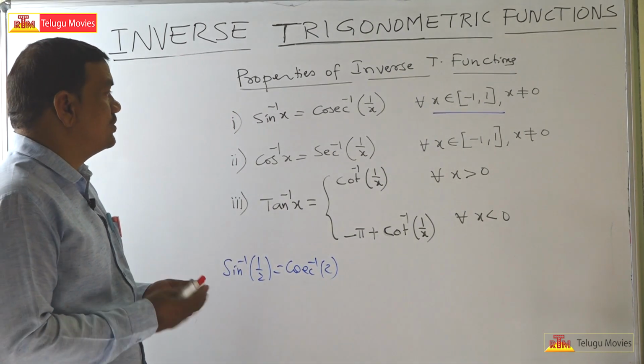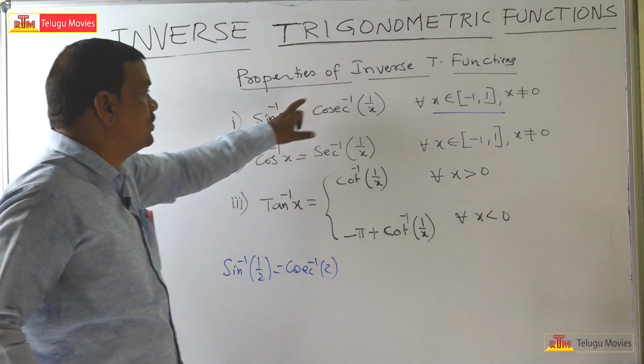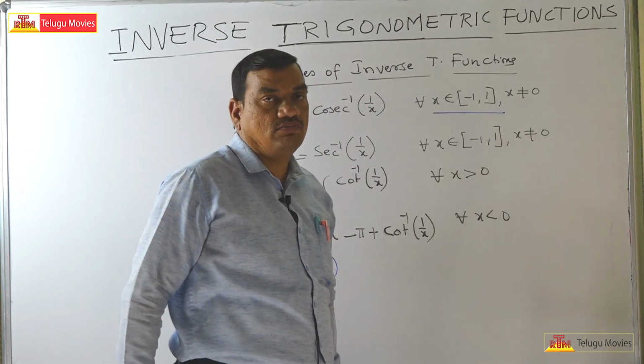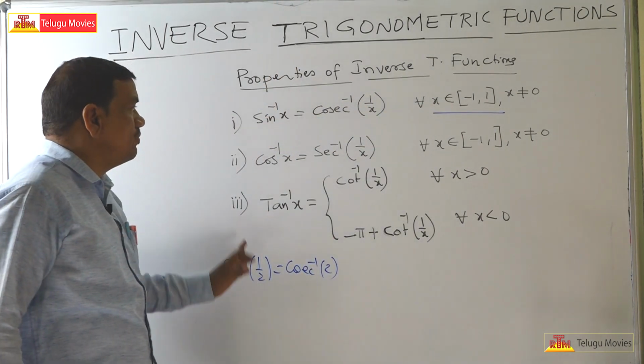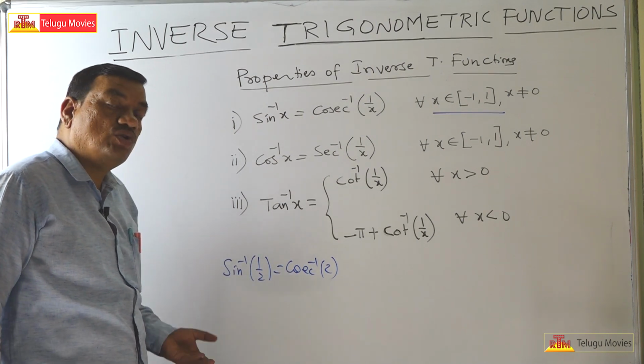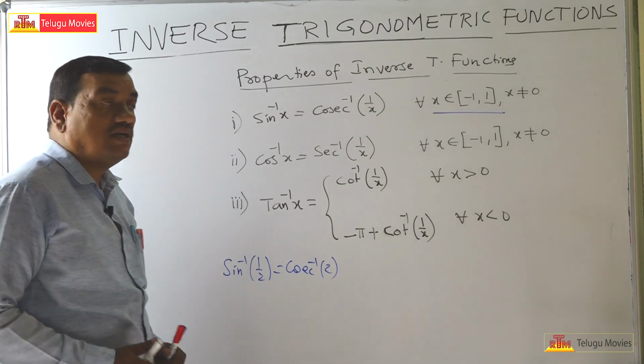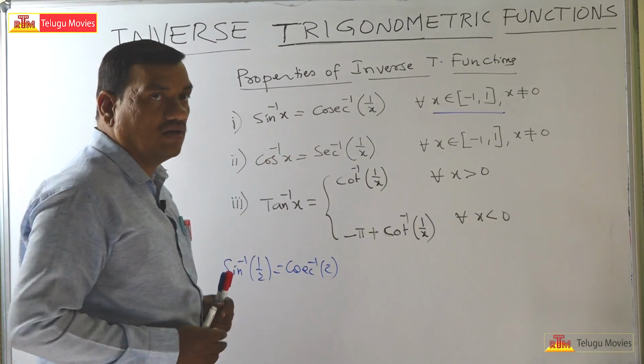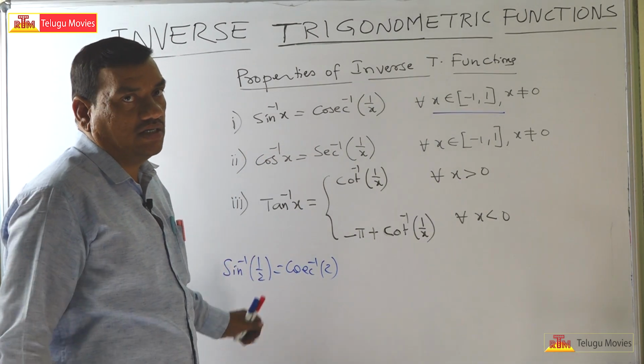Why? Because x belongs to -1 to 1. Therefore, sin inverse of 1 by 2 is equal to cosecant inverse of 2.